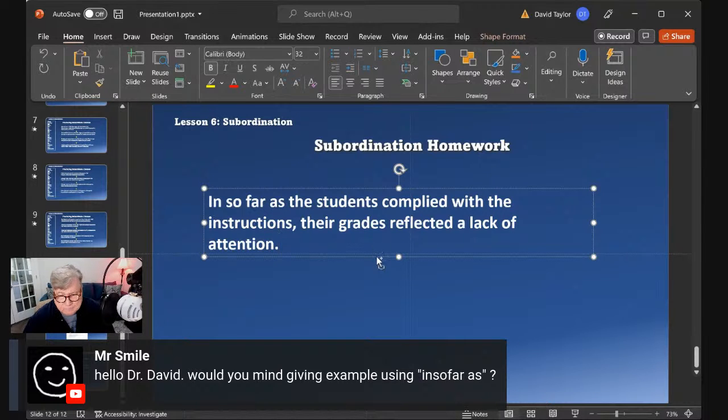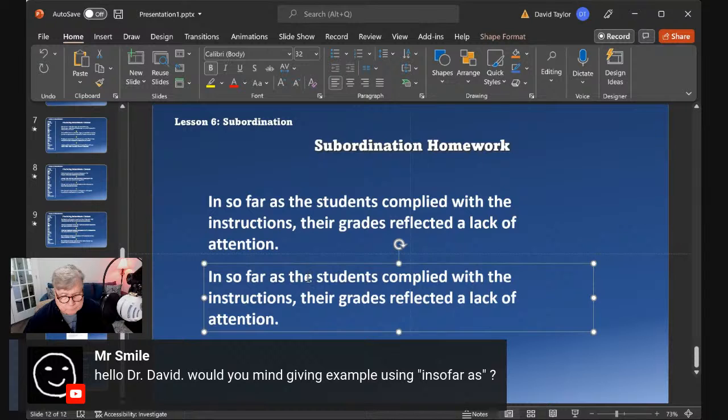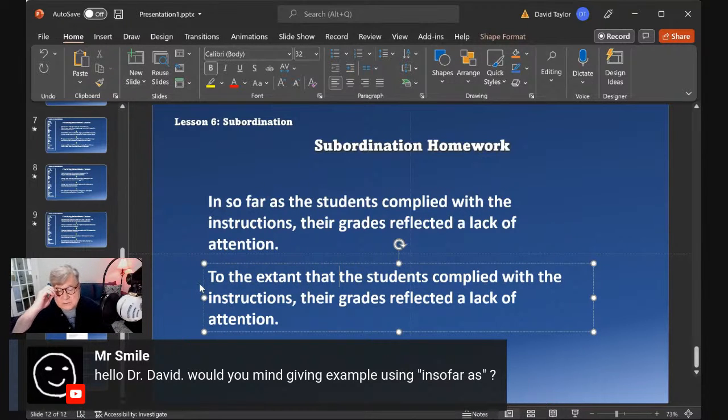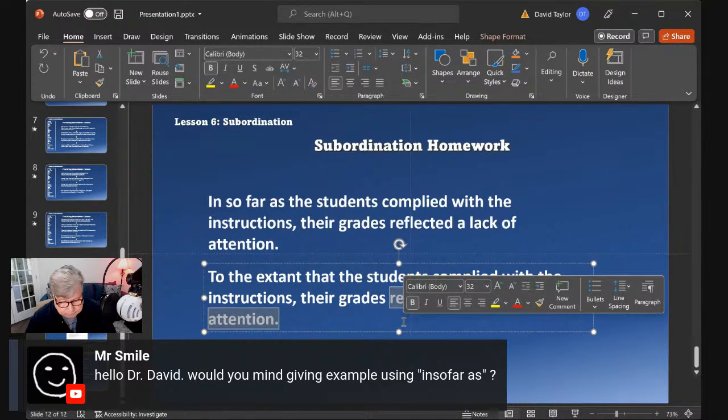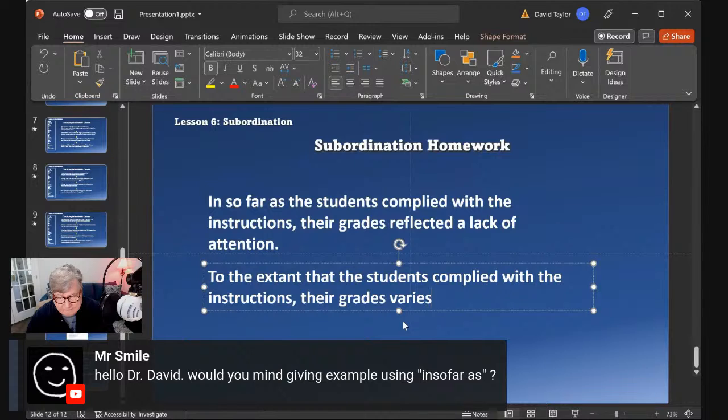Let's try that. To the extent that students complied with the instructions, their grades reflected a lack of attention. Or yeah, I guess more realistically, you say the grades reflected or the grades varied accordingly. It shows degree.